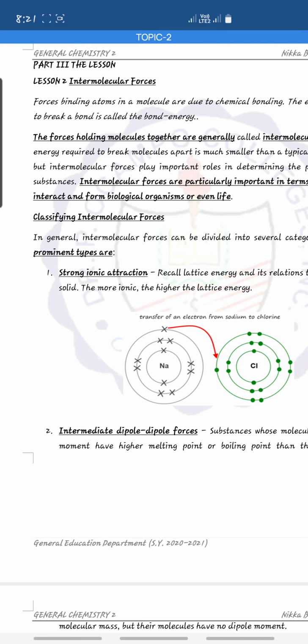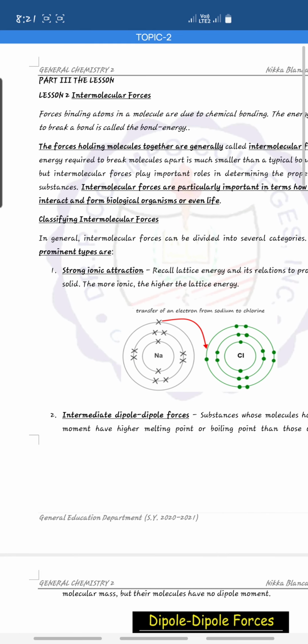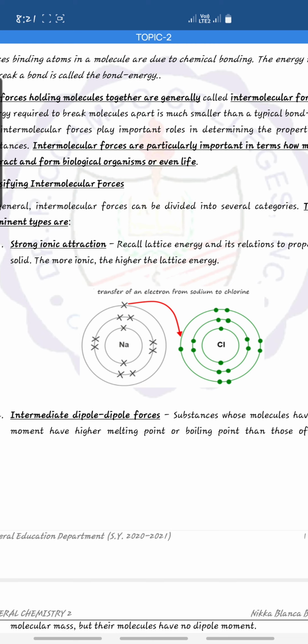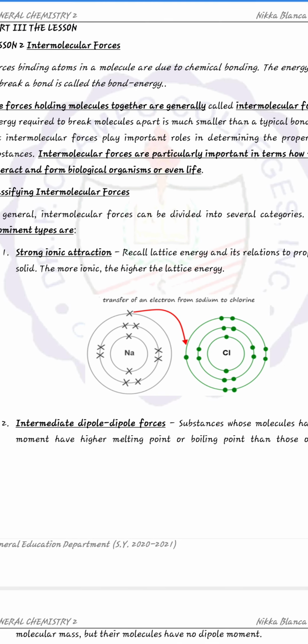With that, let's classify the intermolecular forces and define the different types. In general, intermolecular forces can be divided into several categories, or prominent types. Let's start by defining and explaining strong ionic attraction.